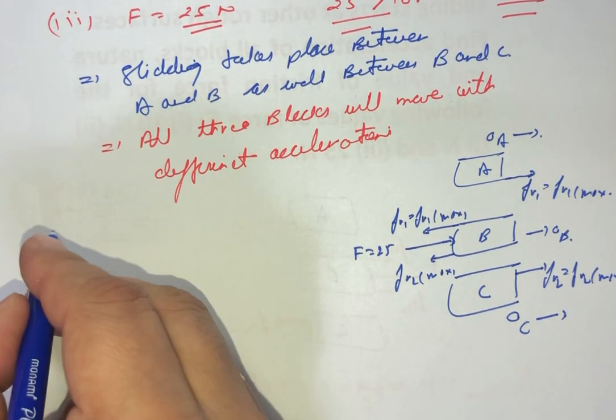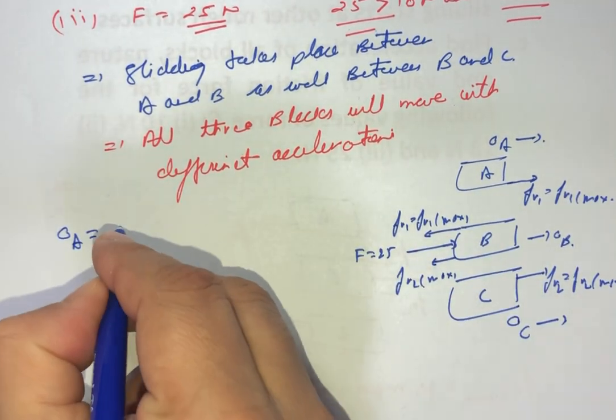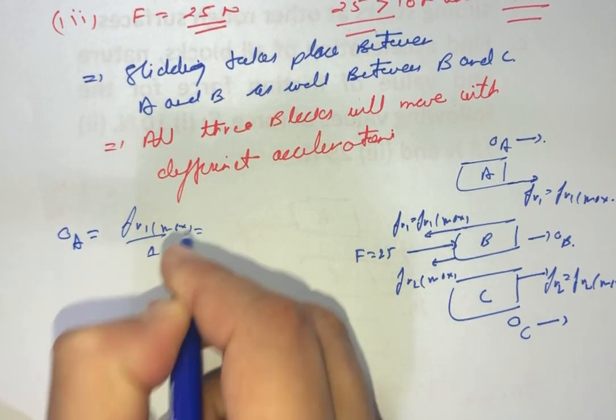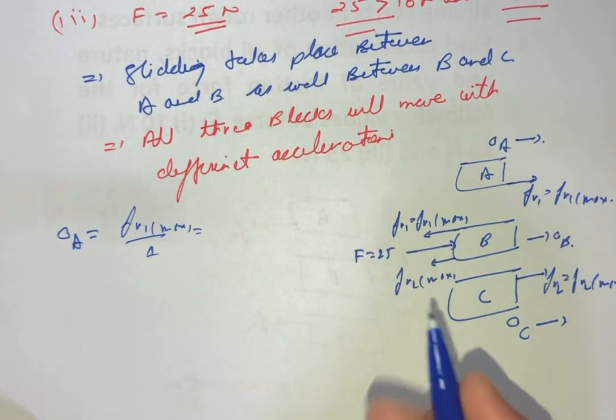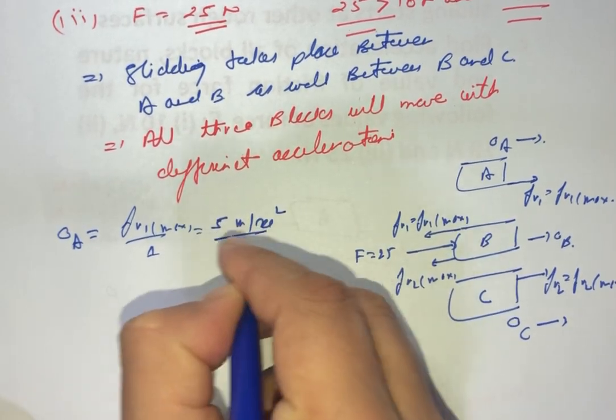So we can say the acceleration of A will be equal to Fr1 max upon 1. So Fr1 max is 5, so we get 5 meter per second square.